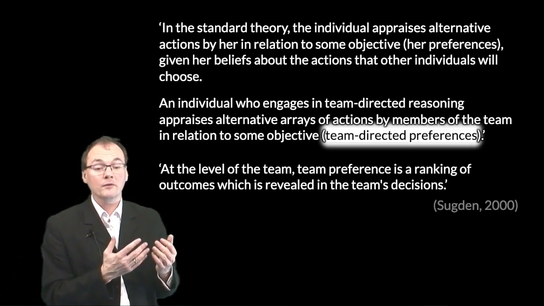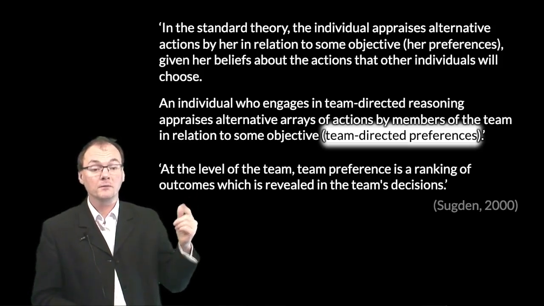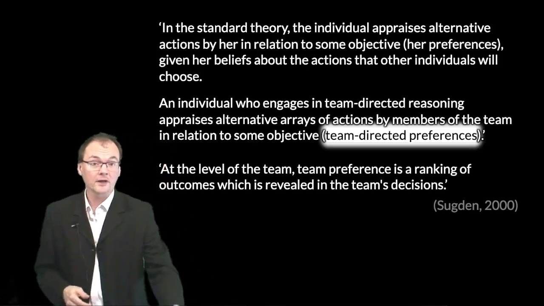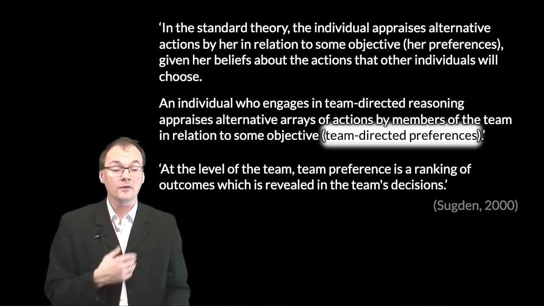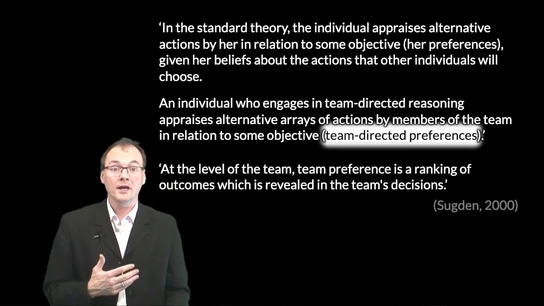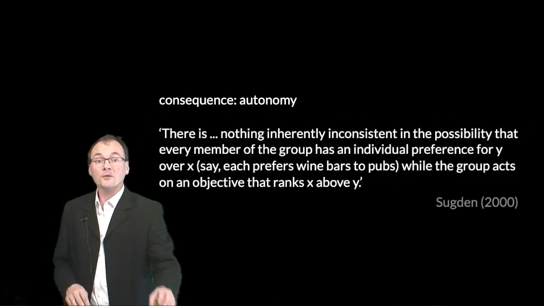So whatever you think preferences are, you just apply that same theory to the team. In other words, Sugden is being quite literal when he thinks that teams have preferences. He thinks that teams have preferences in just the same sense that other agents, you or I, have preferences. It's beautiful and it's simple. Now, there's an important thing to note here.